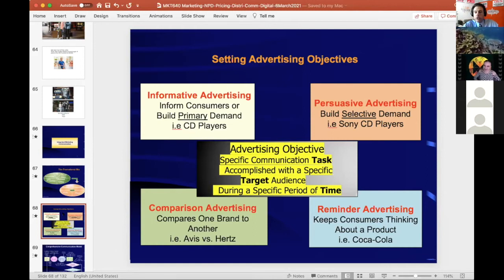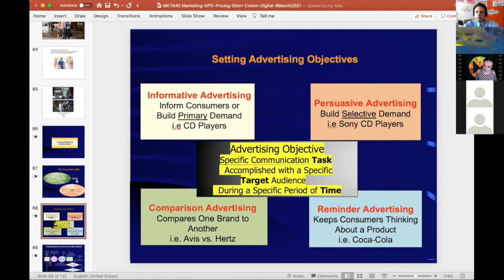Persuasive communication is a deeper layer of information where you create incentives for people to see that it's worth it for them to purchase. Comparative advertising is not legal for every type of industry. It's the idea that you want to make sure that people know that you have as much and more than your competitors.